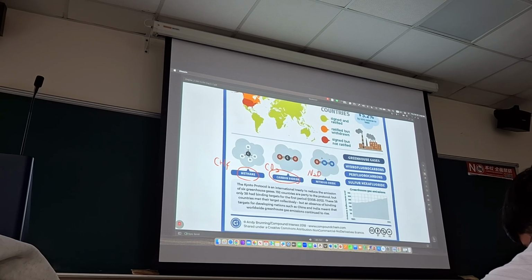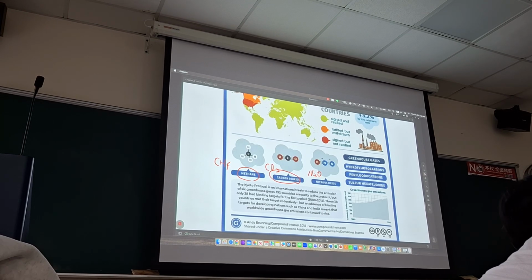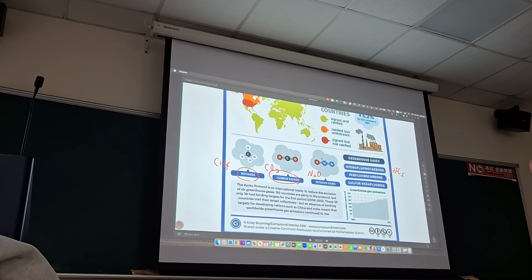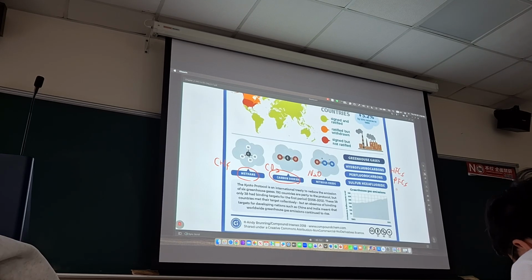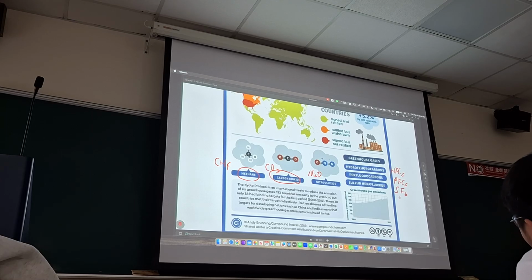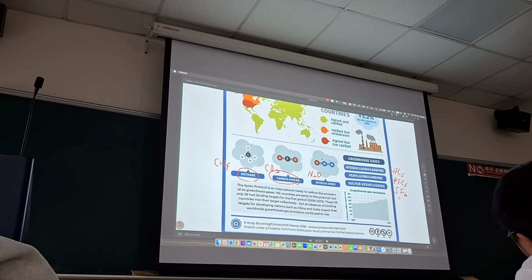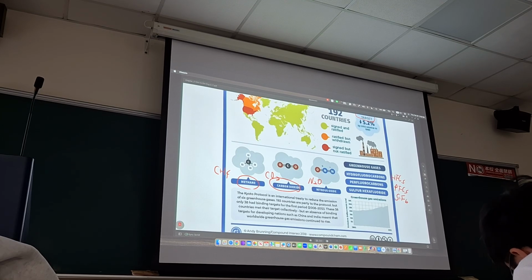And not just that, also including hydrofluorocarbons, perfluorocarbons, and also sulfur hexafluoride. Try to reduce these 6 kinds of greenhouse gases by 5.2% per year.